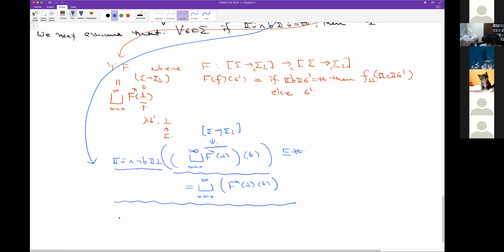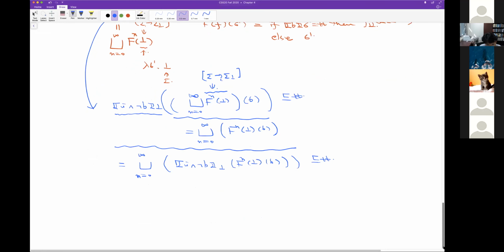So this whole thing is equal to the least upper bound for n from 0 to infinity of the assertion of F^n bottom and sigma. Okay, this is less than or equal to T.